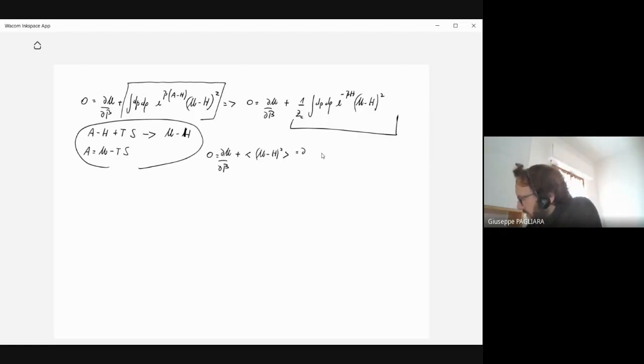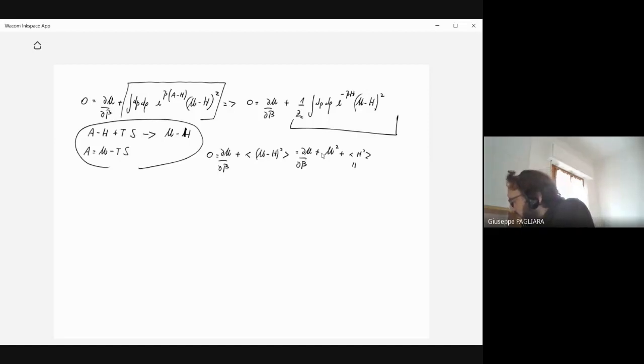Equal derivative of u with respect to beta. Now, when computing the square of this, I get u squared, because when doing the average of u, I just get u squared, plus the average of h squared, sorry.